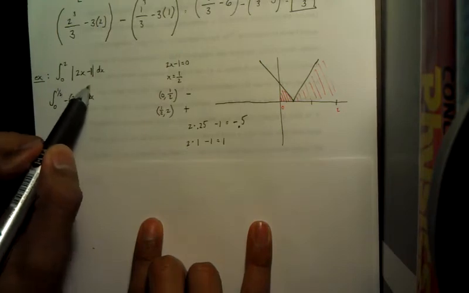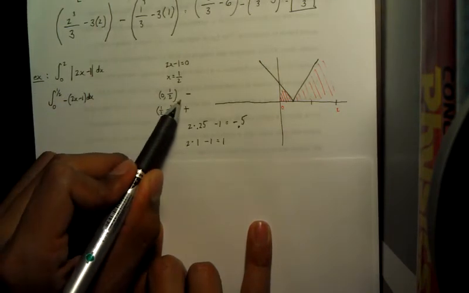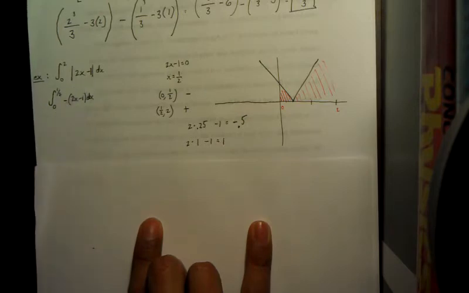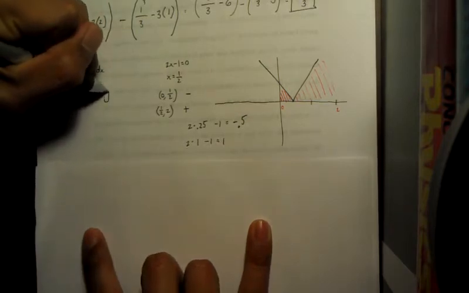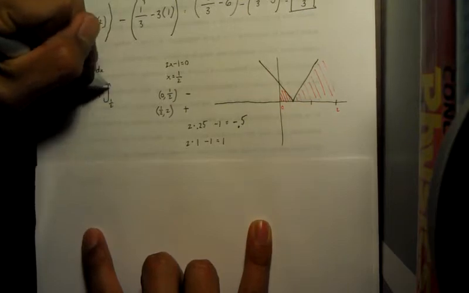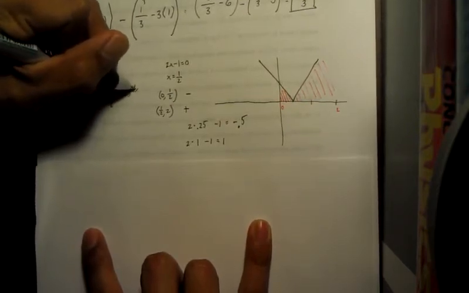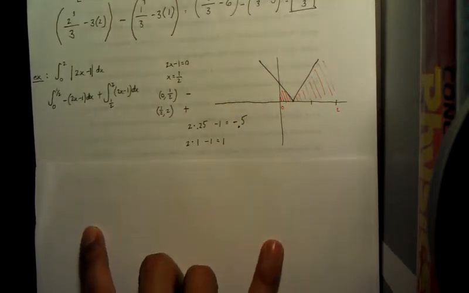So we would have to distribute a negative to this f of x right here. Plus, from 1/2 to 2, it would just stay as 2x minus 1 dx.